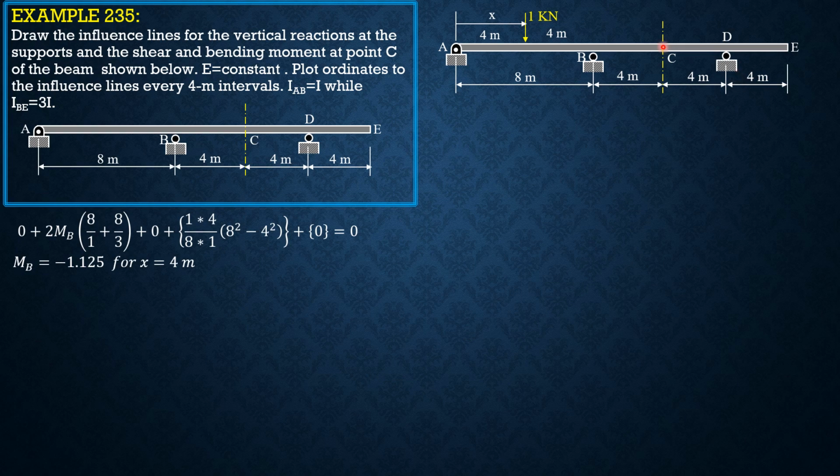So next position would be when the unit load is at x equals 12 there. So AB will have no load. It's only BD that has a load. Moment at D is still 0.